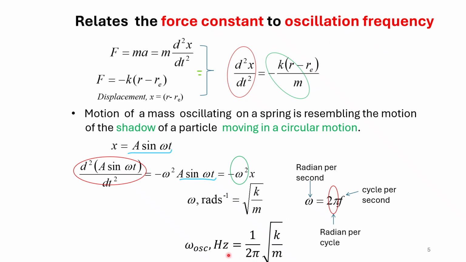The vibrational frequency in units of hertz is equal to 1/2π square root of k over m, or for a molecule, the m is the reduced mass. The k is the force constant, and the value of k also tells the strength of the bond.